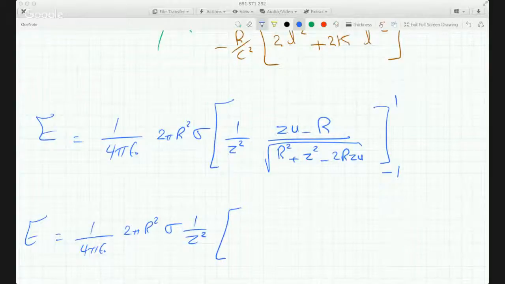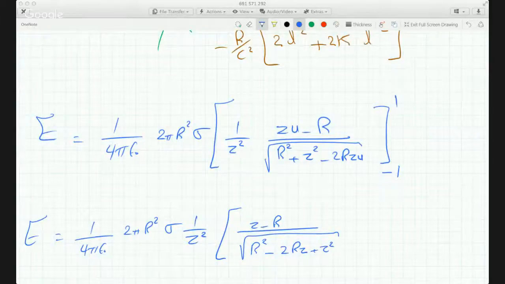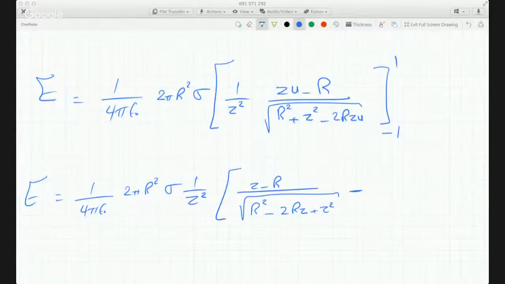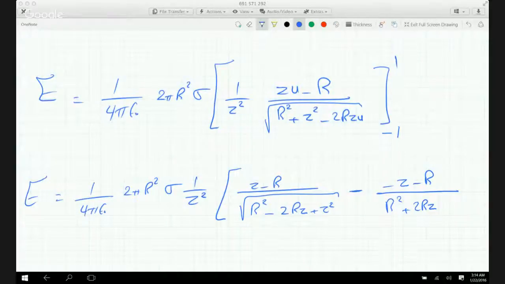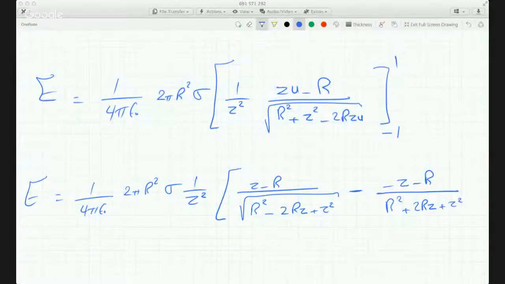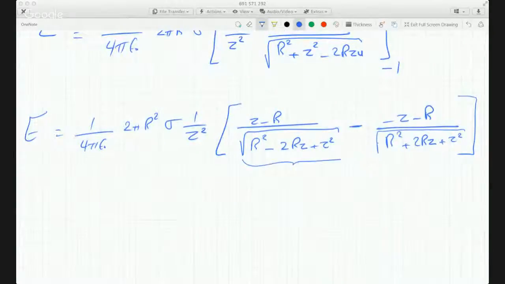And if you plug in 1 for u, you will get z minus r over r squared minus 2rz plus z squared, minus, so this becomes minus z minus r, right, over r squared plus 2rz, because u is minus 1 now, plus z squared, square root.